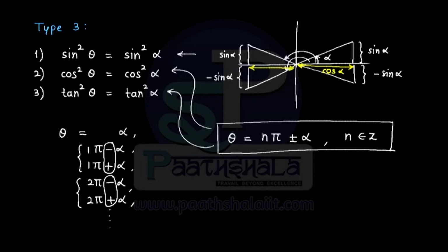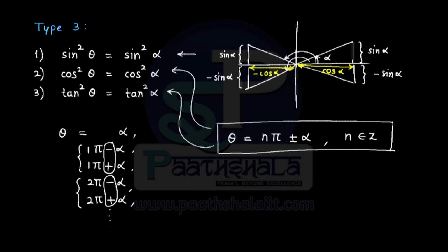So whether it is cos alpha or minus cos alpha, their squares will always be non-negative and same. So therefore for all the three equations shown here in this third type, the general solution is exactly same, which is theta given by n pi plus or minus alpha. Right.